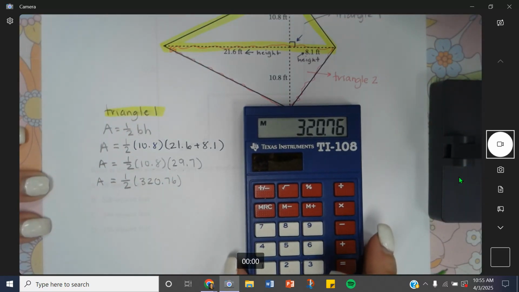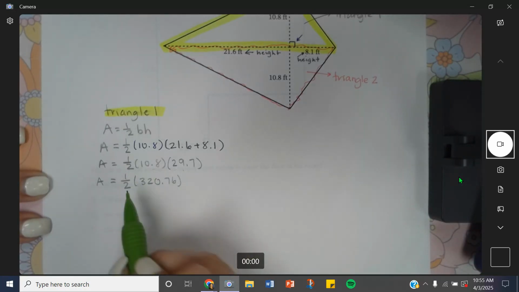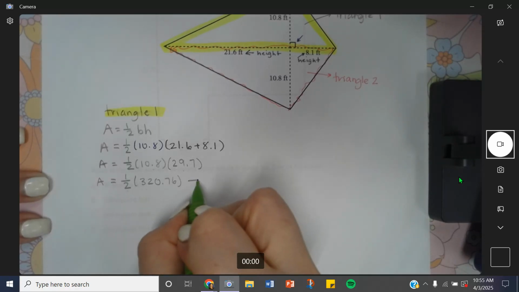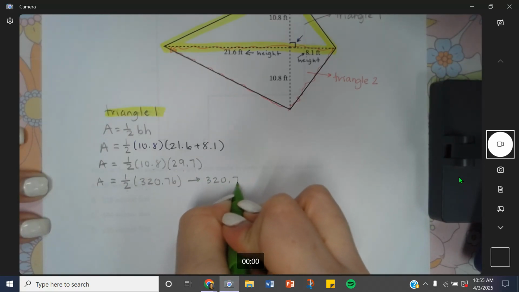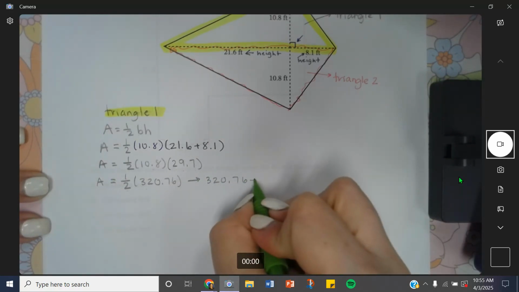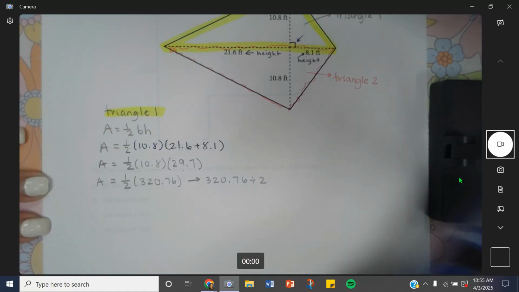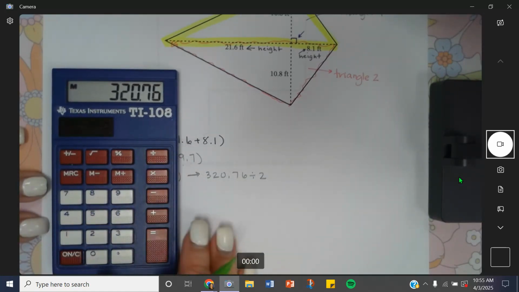From there, I'm going to now solve this. At this step, you know that we're going to take this multiplication and turn it into division. So I will do 320.76 divided by 2. We can use our calculator to solve that.